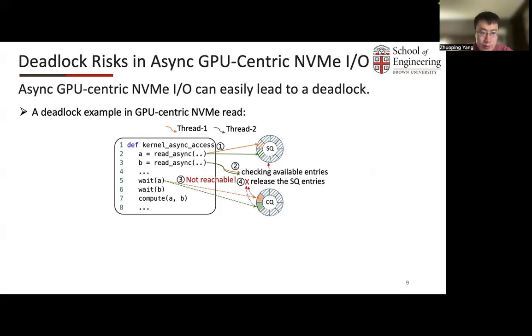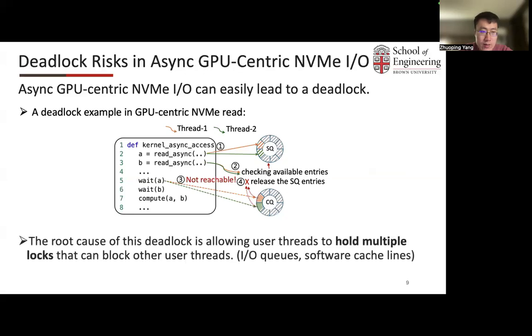If we take a closer look at the reasons for the deadlock, we can find that the root cause of this deadlock is allowing user threads to hold multiple locks that can block other user threads, which is quite common in IO queues and also in the software cache lines, and I will explain these two parts later.